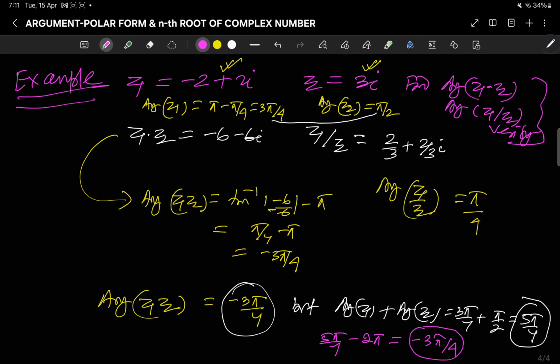So they differ by 2 pi, and this restriction is that the result lies in the interval minus pi to pi, as the principal argument requires.